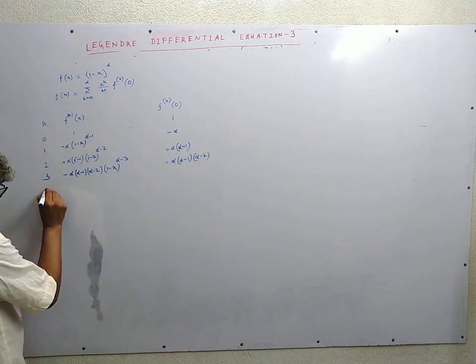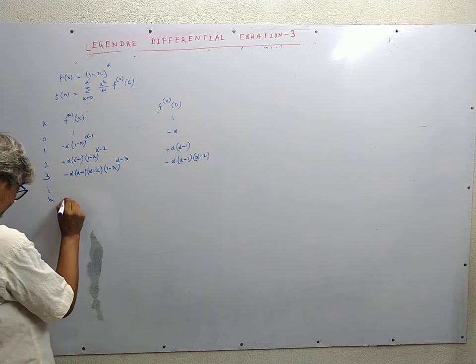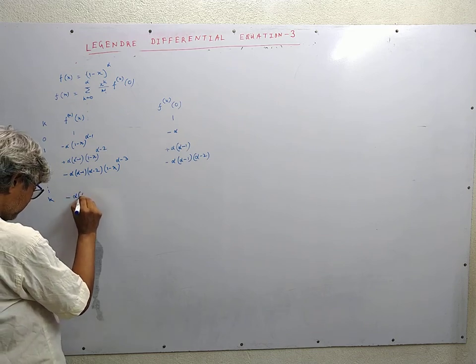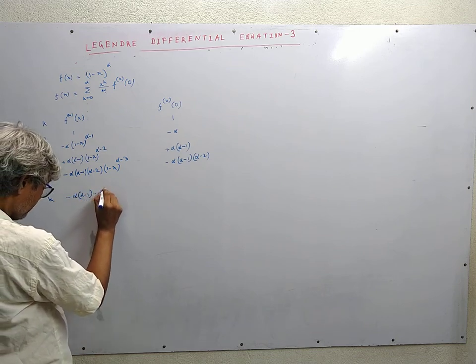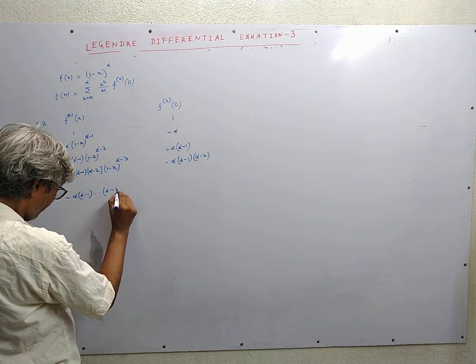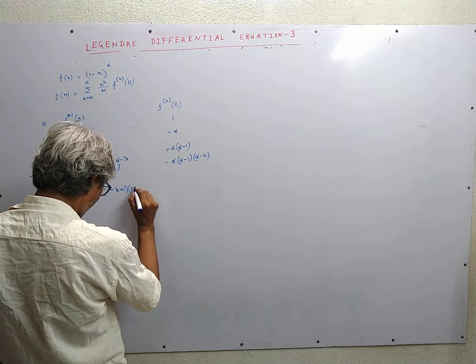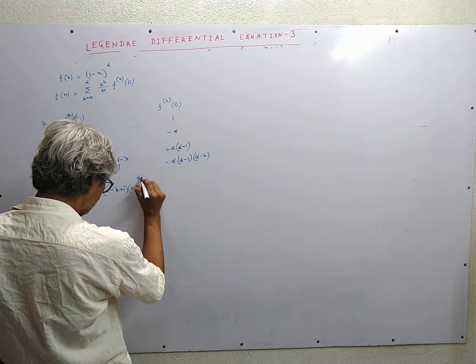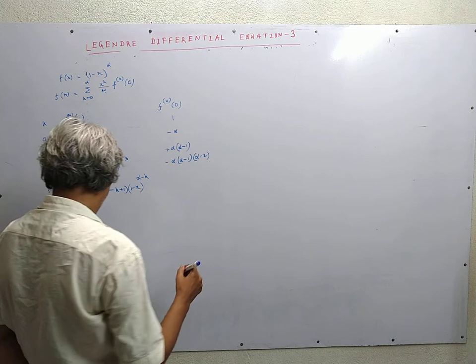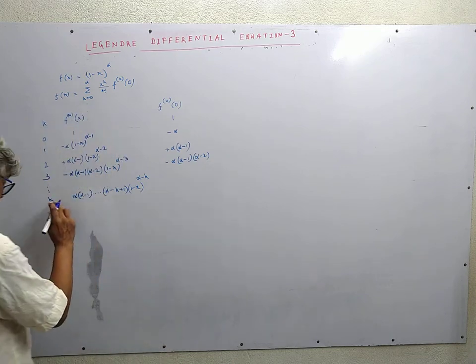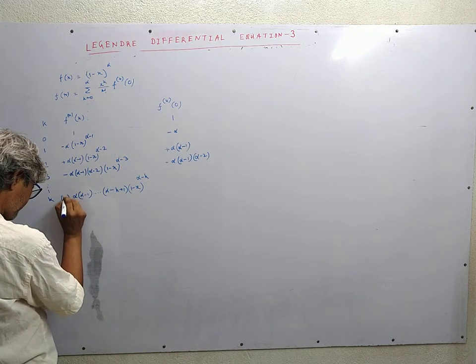Going in this way, we get minus 1 to the power k.